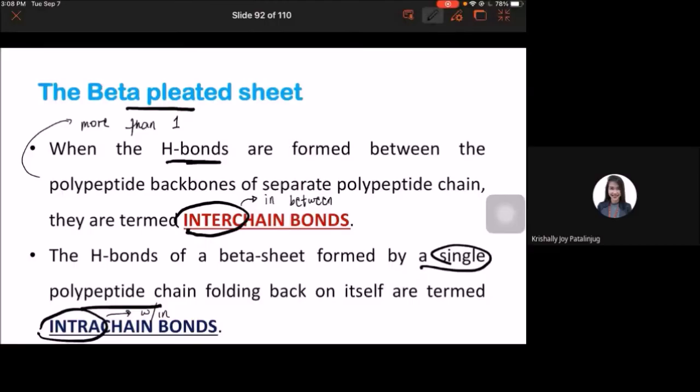Now, between these two, interchain bonds and intrachain bonds, mas common po sa beta pleated sheets yung inter. Mas common yung interchain. Okay, that's for beta sheets. Kasi again, for inter, more than one. Na-favor nila yung more than one polypeptide chain. Whereas, common naman sa alpha helices yung intra chains.